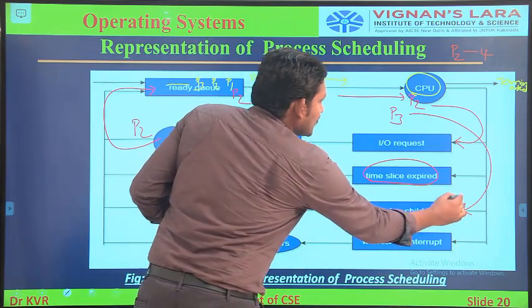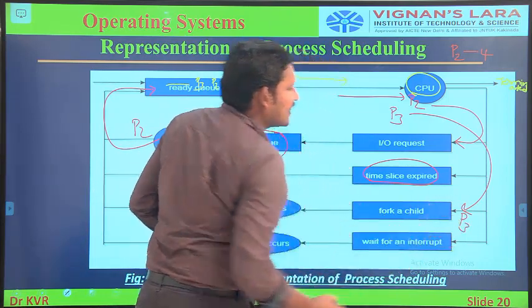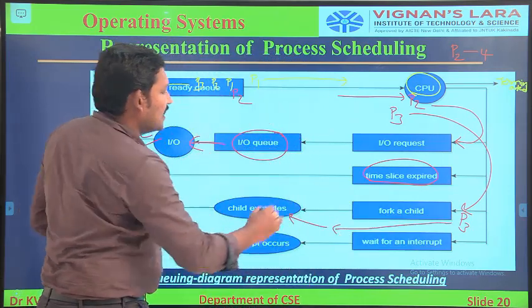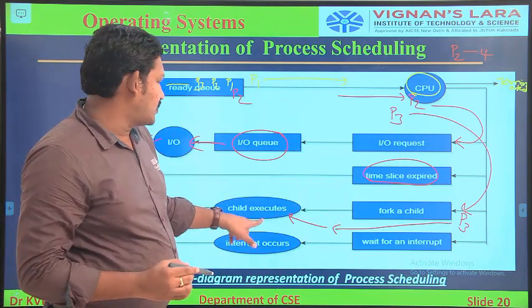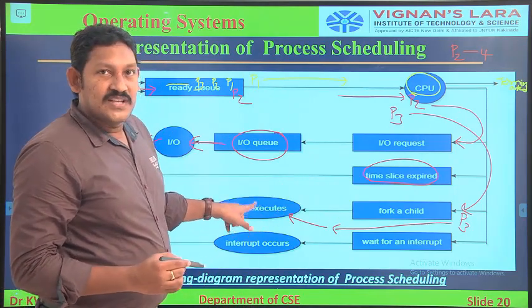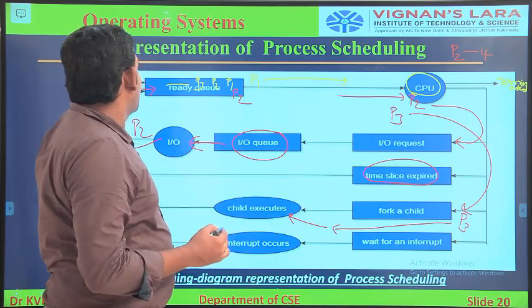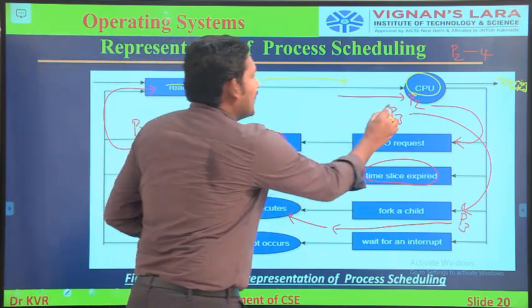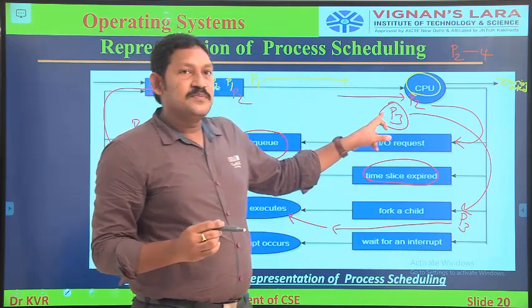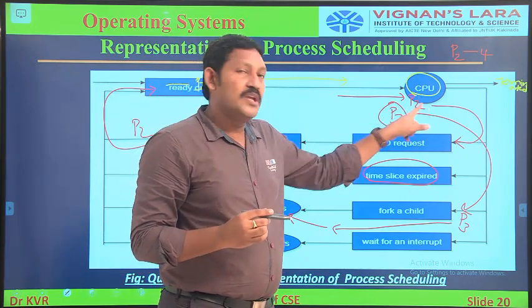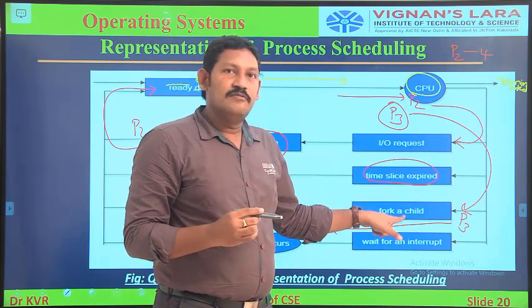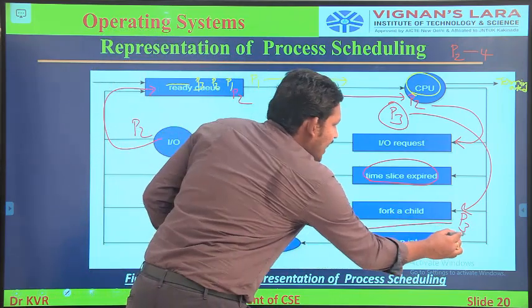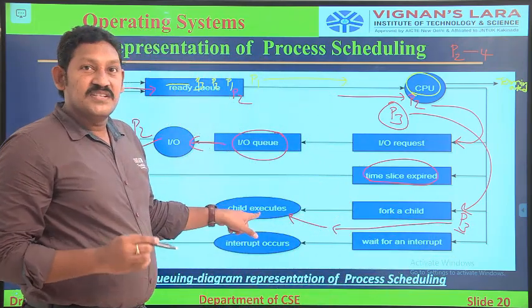This process P3 has to wait till its child completes its execution.